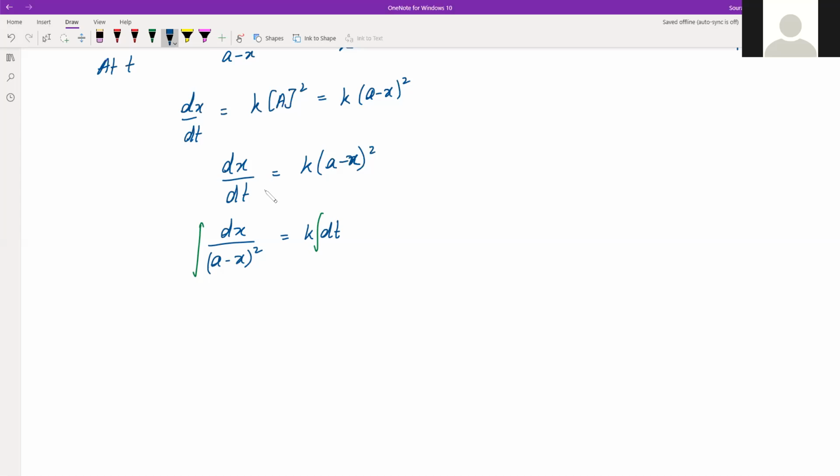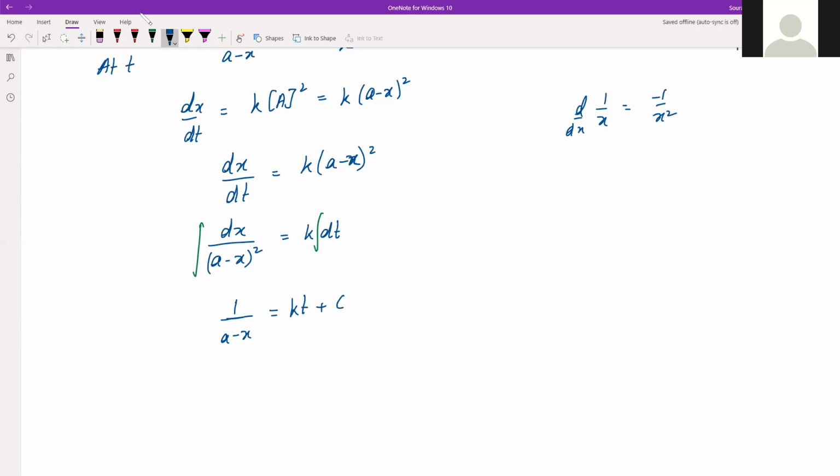Right. So when we integrate it, I think this integration you know, right? The differentiation of 1 by x is minus 1 by x square. So this integration will be 1 by a minus x. This is the integration of the left hand side, that is equal to kt plus some constant of integration c.